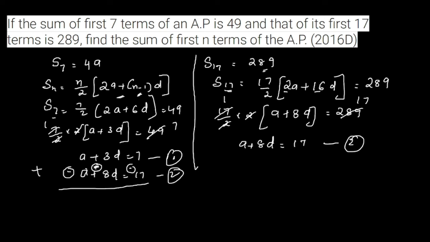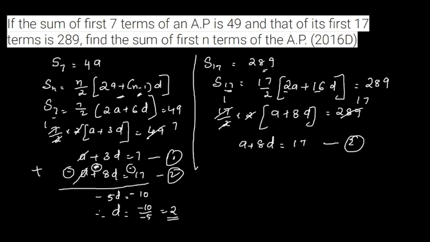A plus minus a will become 0, 3d minus 8d will become minus 5d, is equal to 7 minus 17 will become minus 10. Therefore, d is equal to minus 10 by minus 5, which is 2. So the common difference is 2.